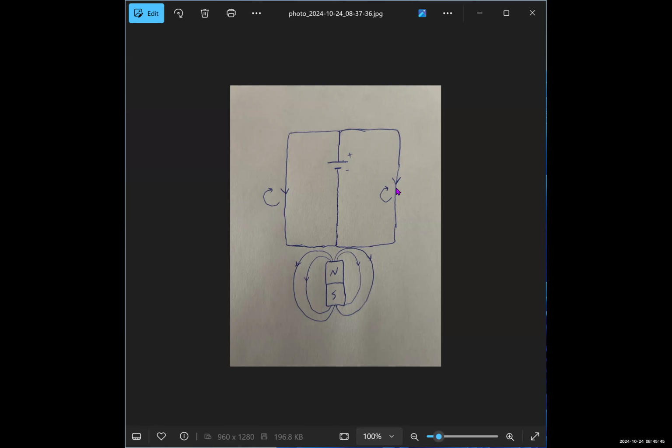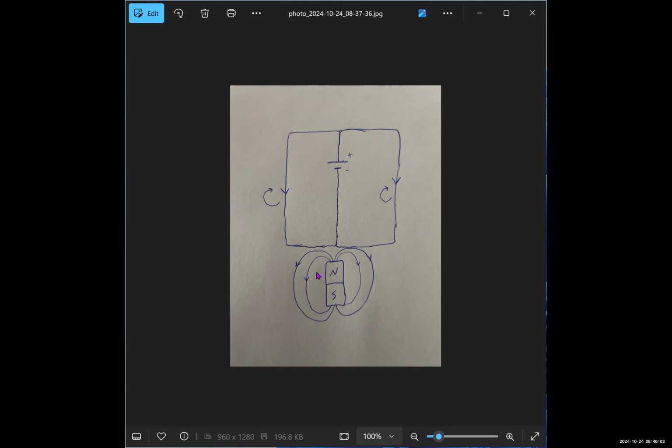As current goes around in the wire from here to the negative of the battery, it is the reason to create a field around the wire.